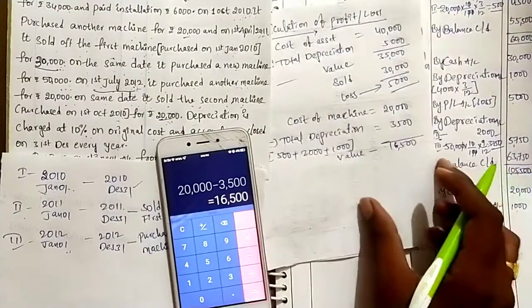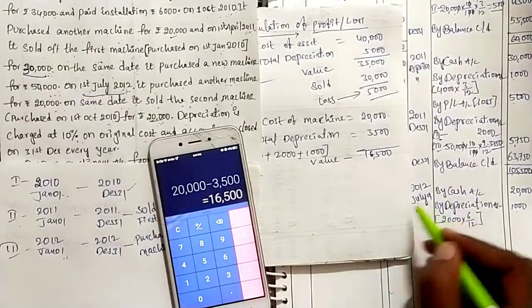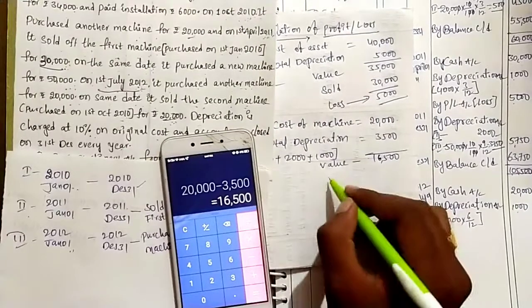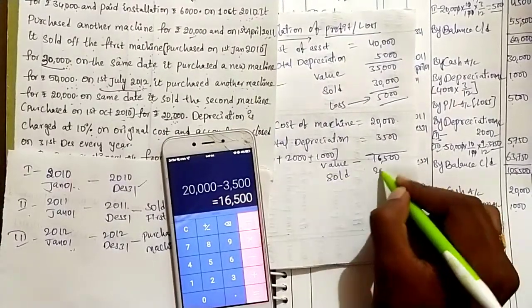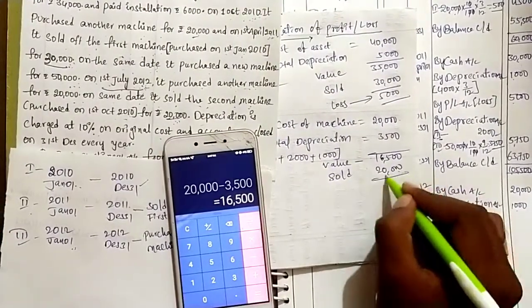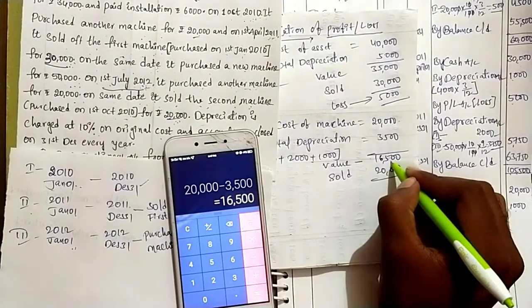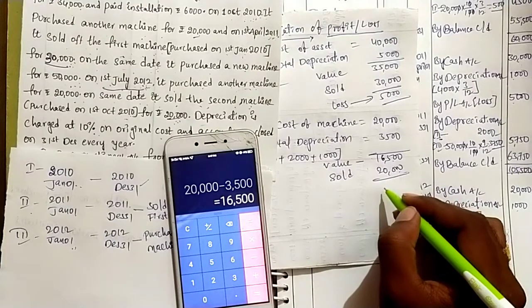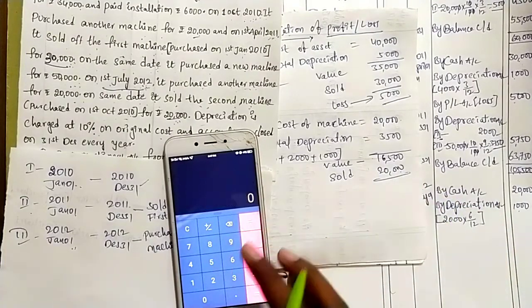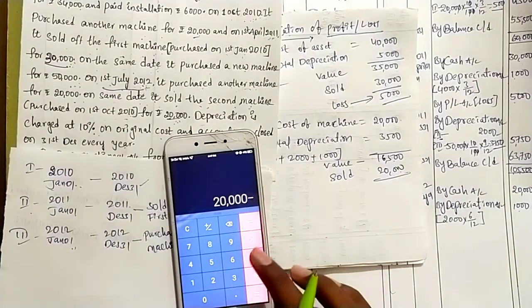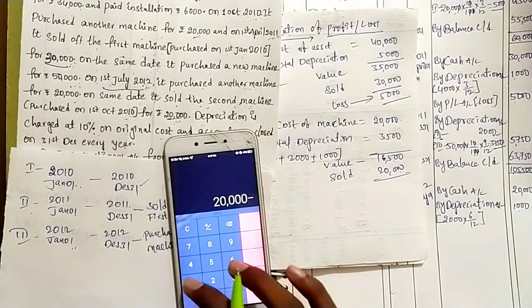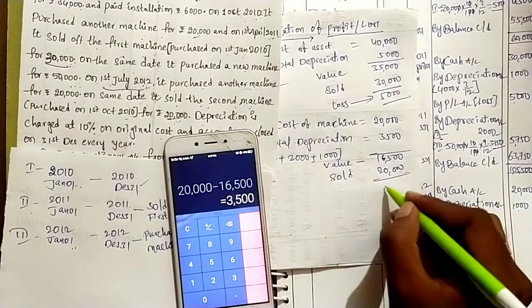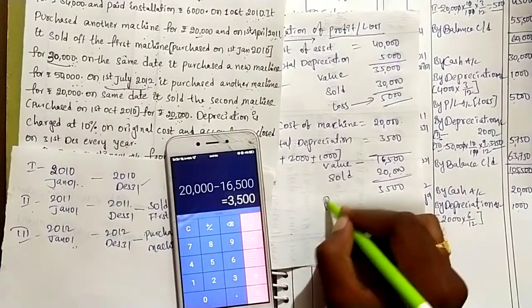We sold it for 20,000, means the sale value is greater than the actual value. So what will happen? The remaining difference amount is treated as profit. See this, how much difference? 20,000 minus 16,500, 3,500 rupees profit.